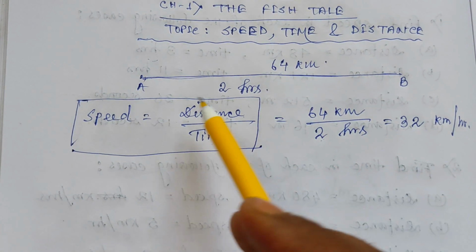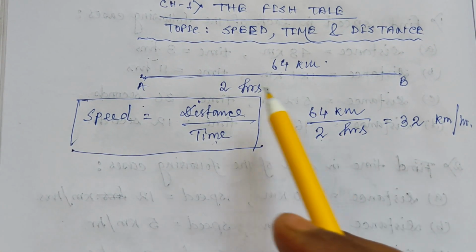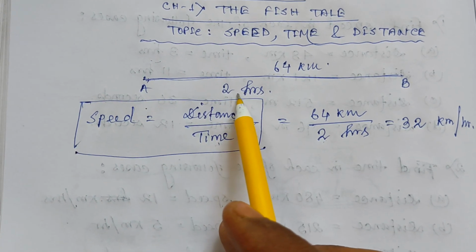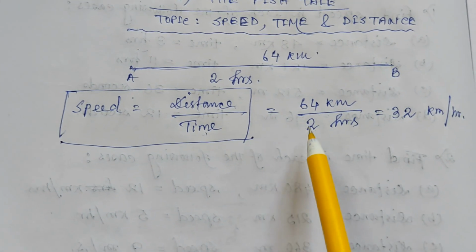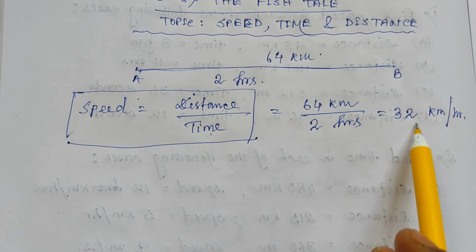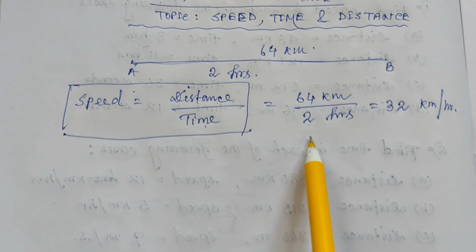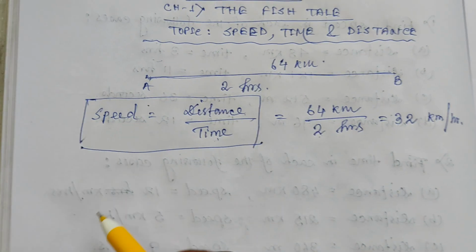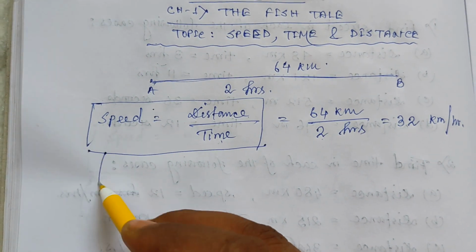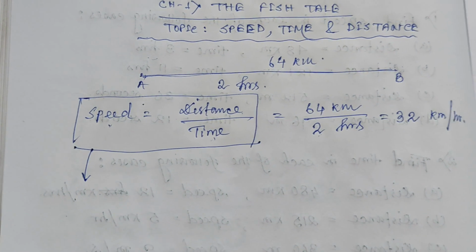Here, total distance is 64 kilometer and total time taken is 2 hours. So 64 kilometer by 2 hours, that is 32 kilometer per hour, is the speed of the car. Just note down the formula: speed equals distance by time.